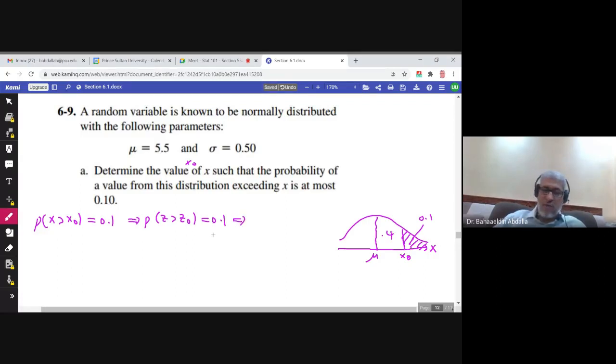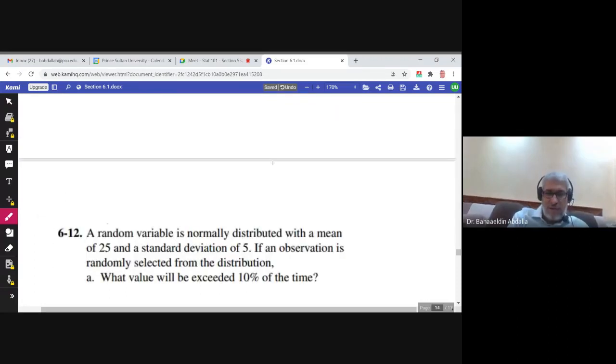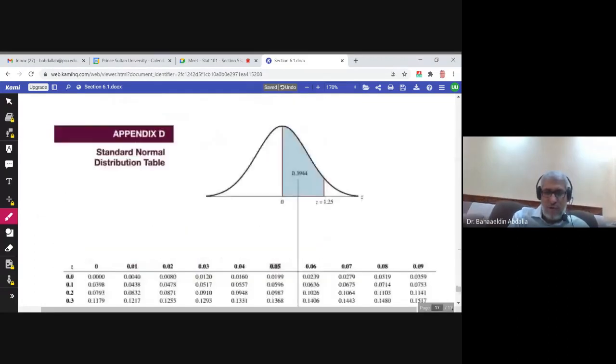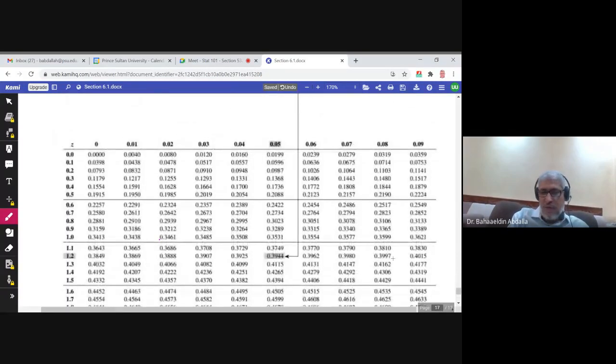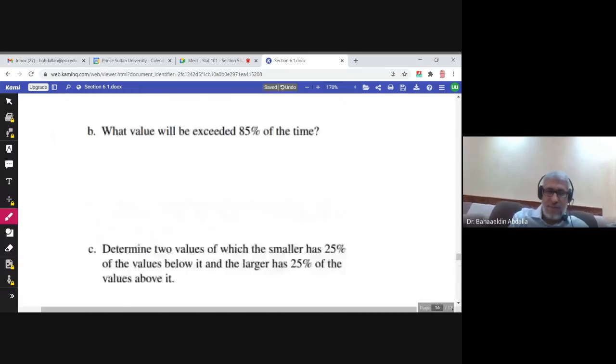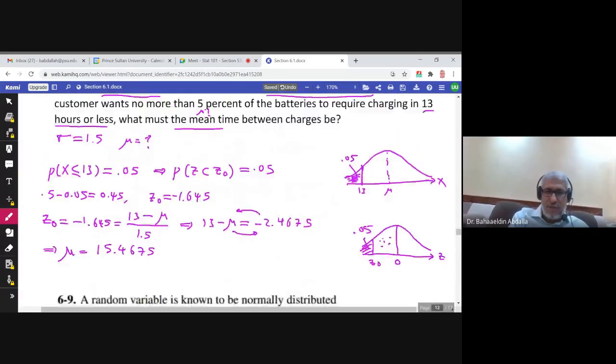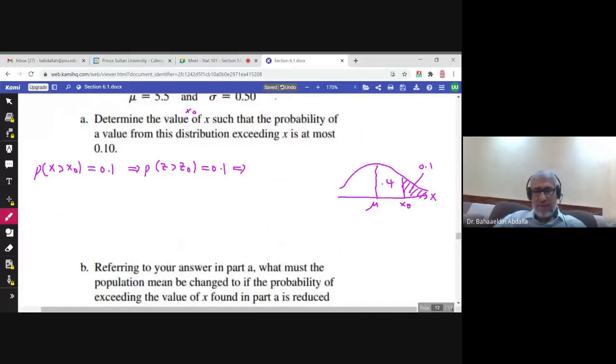So you look for 0.4. I think we have just looked in a previous question about 0.4. Yeah, 0.4 is here, 0.3997. So z0 is 1.28.